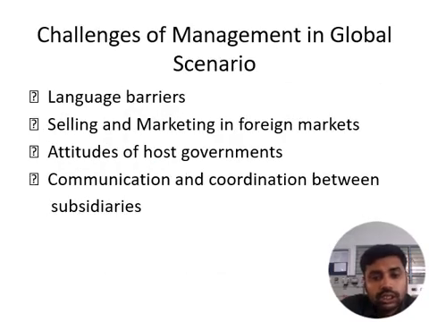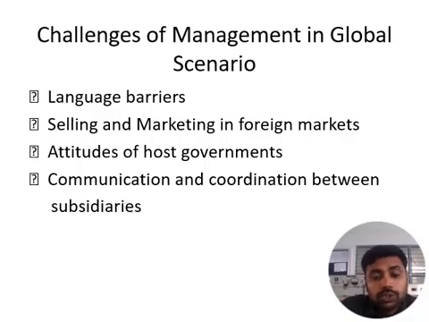Then wholly owned subsidiaries. And challenges of management in the global scenario: language barriers, regional language or international language, we have to bother about these things. Selling and marketing in foreign markets, competition, and price adjustments, we have to look at these perfectly.